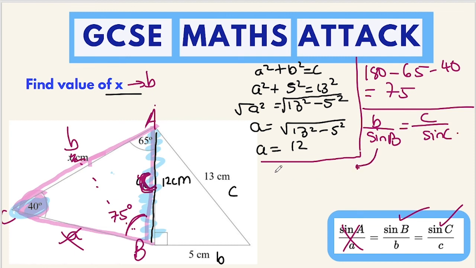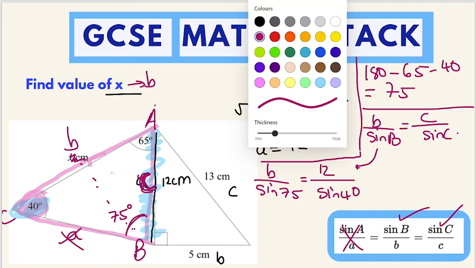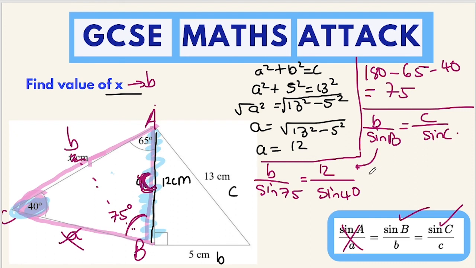Okay, so what do I do now? I'm just going to substitute. So b over sine 75 equals c, which is 12, over sine 40. After I've done that, I'm going to multiply both sides by sine 75.